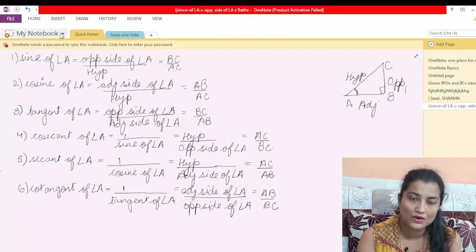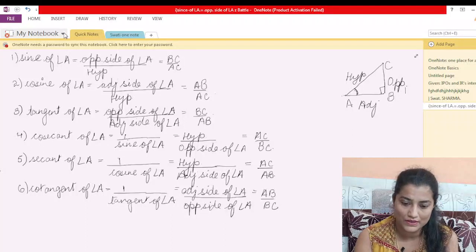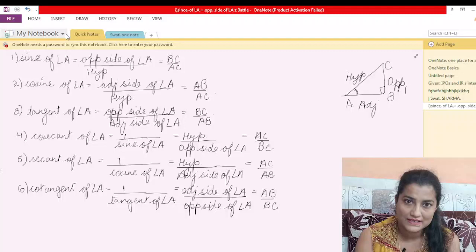Now we will take all the measurement of the various identities with respect to angle A. So in this figure, with respect to angle A, I am taking the adjacent side as AB, the opposite side as BC, and hypotenuse, which is opposite to the right angle, that is AC.